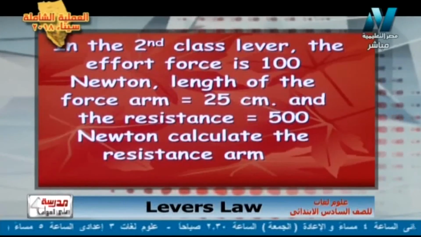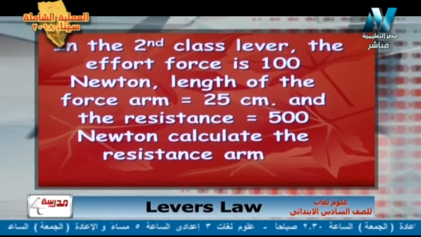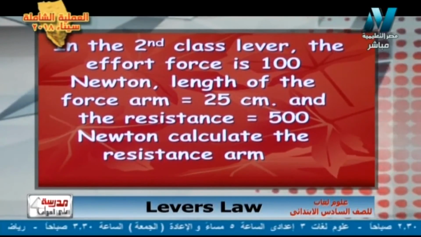Here the problem is balanced, very good, because both have the same weight, the same effort force and resistance force, so they will have the same effort force arm and resistance arm, or they are equal, so the seesaw will be balanced because the two forces are equal and also the two distances are equal. If the two sides have equality in force in Newton, there will also be equality in distance, in meters or centimeters.